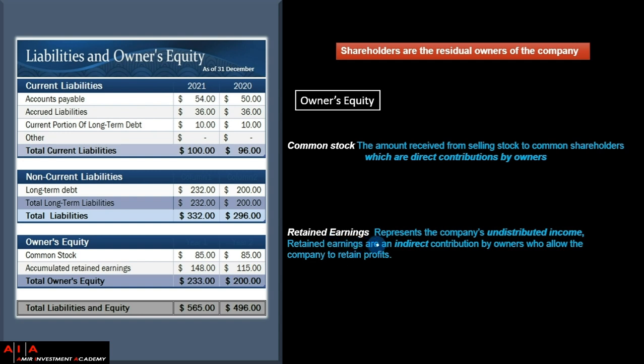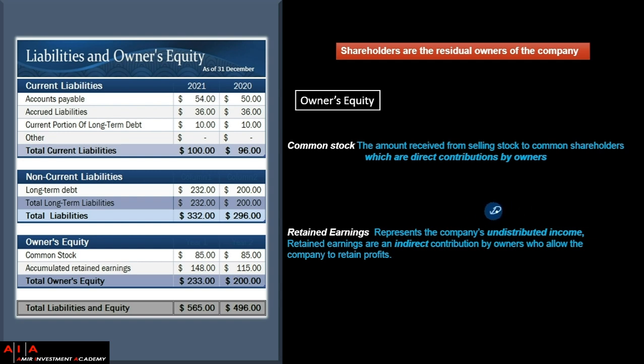Retained earnings represent the company's undistributed income. I will explain what it means. Retained earnings are an indirect contribution by owners who allow the company to retain profits. When I say retained earnings represent the company's undistributed income, it's because the income that the company generates can also be distributed through what are called dividends.